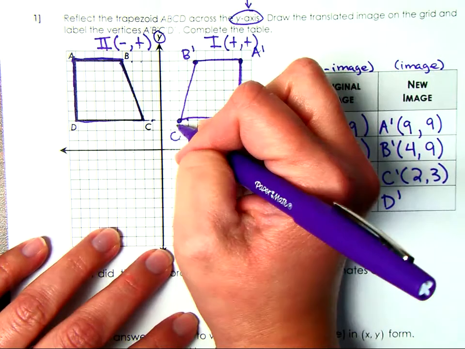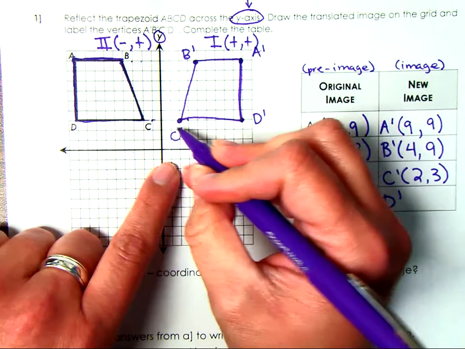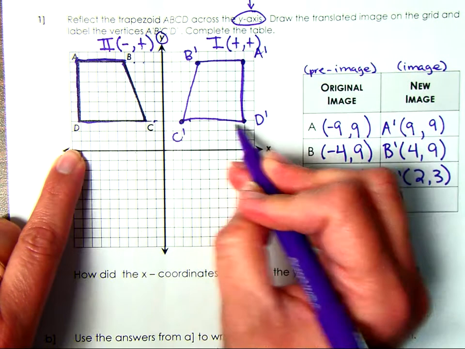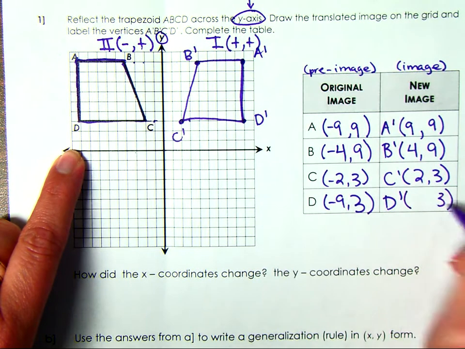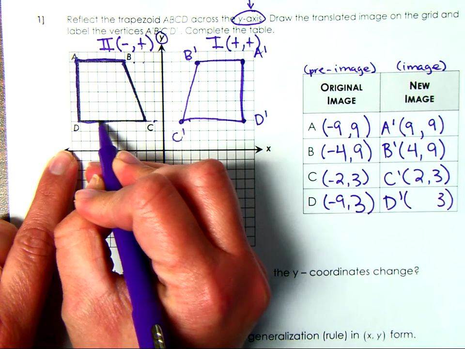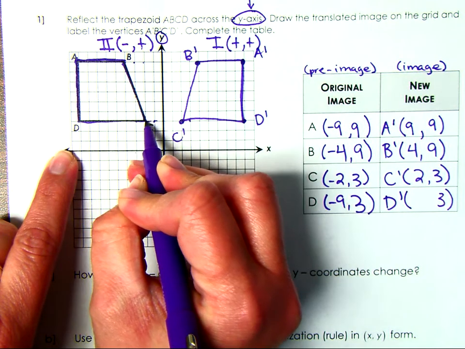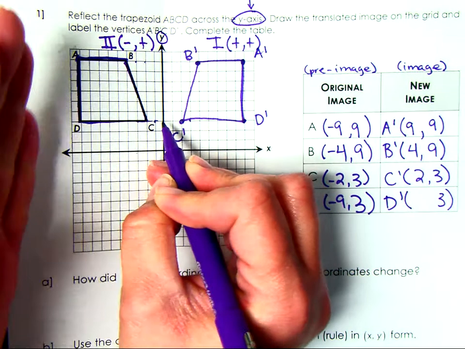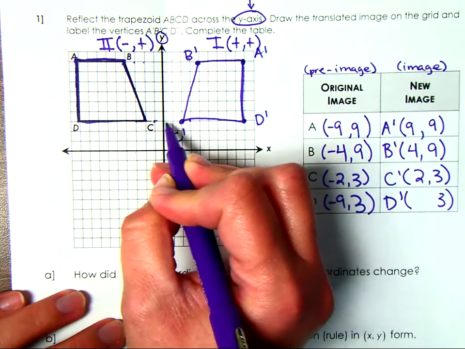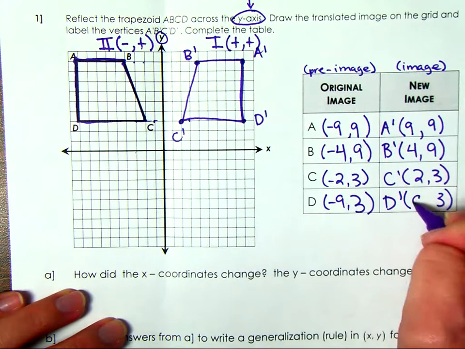Okay, so C prime is right there. D is the same height, so my y is going to be the same. But I'm 1, 2, 3, 4, 5, 6, 7, 8, 9 to the left. So if I reflect over, I'm going to be 9 to the right.